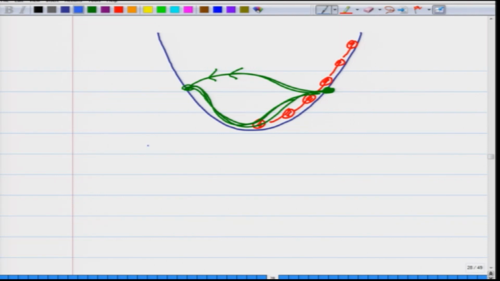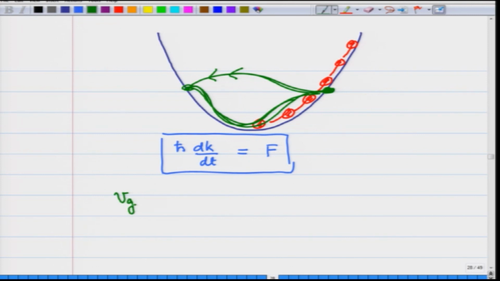So, what we have found is that h cross dk dt is the force F. What about the velocity of the particle? Velocity we said is v group, which is 1 over h cross dE dk.